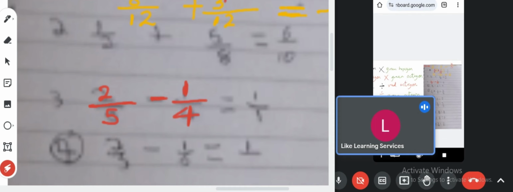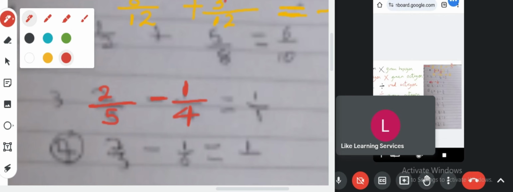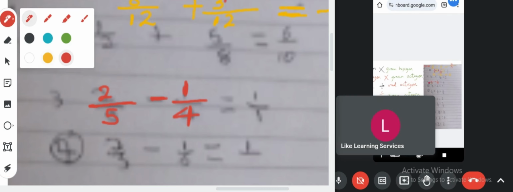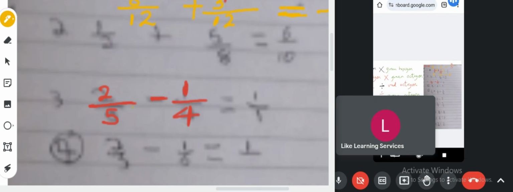Alright, so what is that number I should multiply 5 with? 20. Are you sure? Is that what you mean? Yes. So 5 times 4 will give you 20. And 4 times 5 will give you 20. So this one I have to multiply by 5.